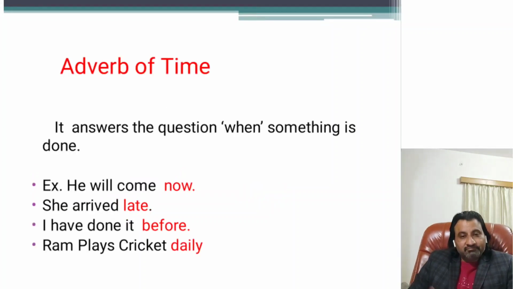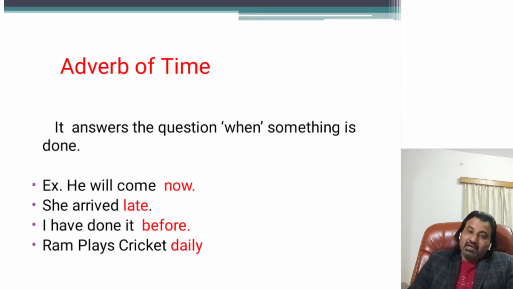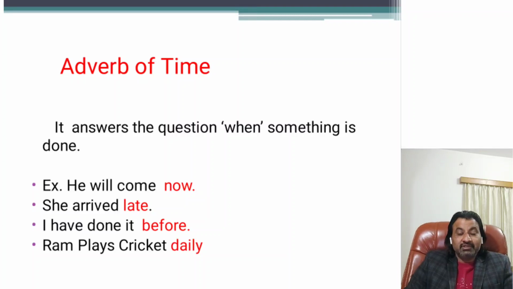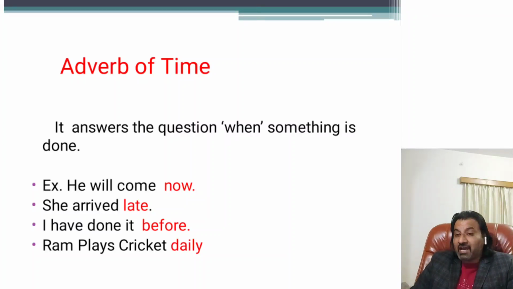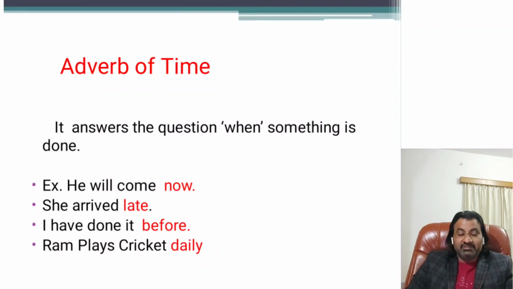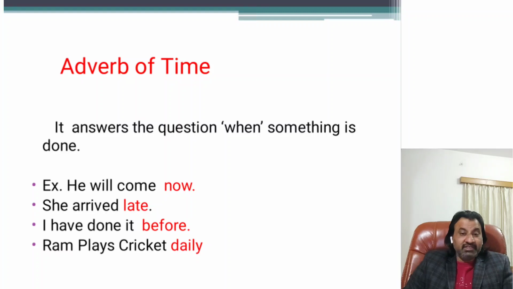So let's discuss another type of adverb. This is adverb of time. It answers the question when something is done. It tells us about the time of the action which is being done in the sentence. He will come now. When will he come?